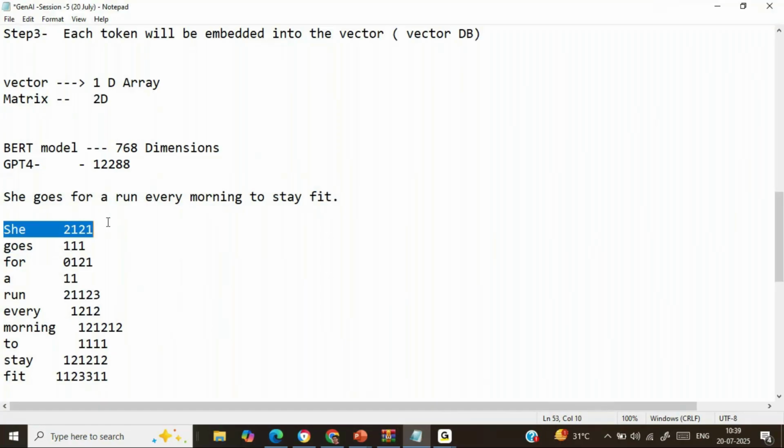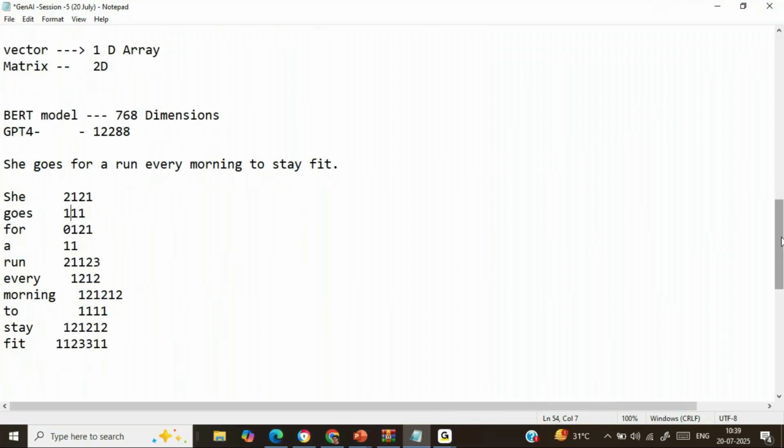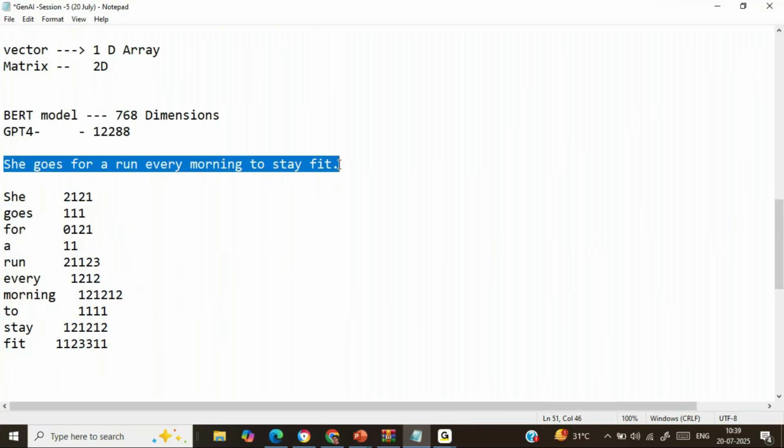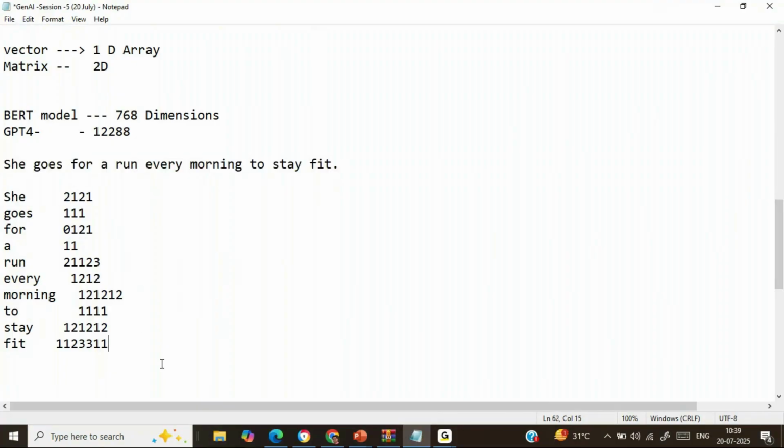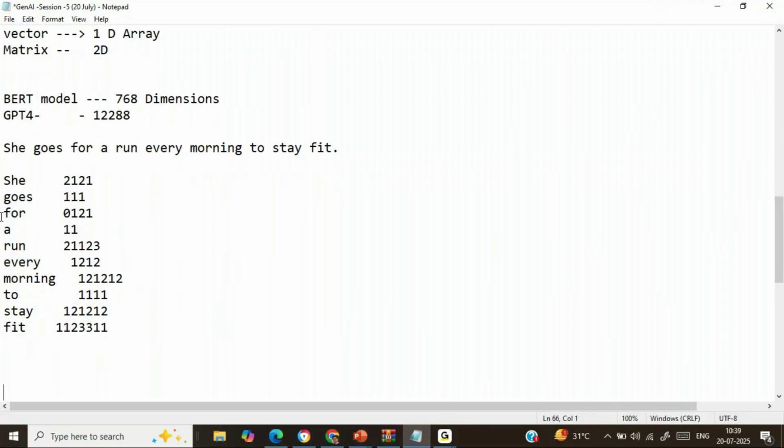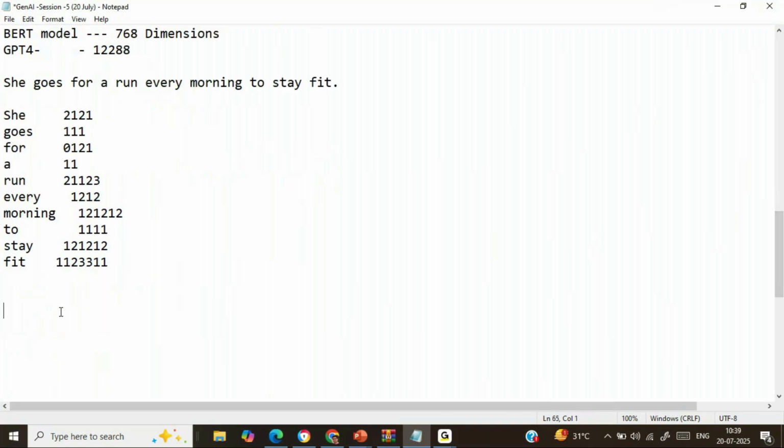Now I have these particular tokens. Now what exactly happens? For each token in the vector db there will be different weights. Say 'she' is there, and I'm having 768 dimensions. 768 dimensions means 'she' will have 768 values.